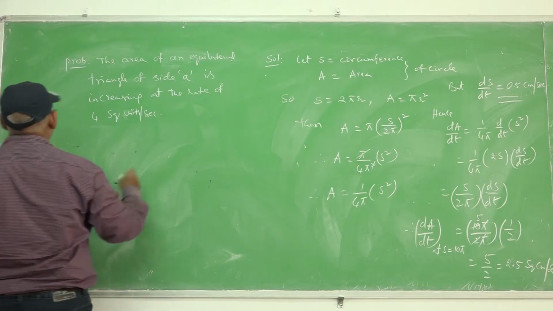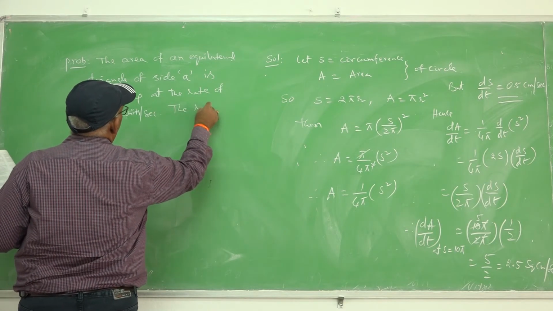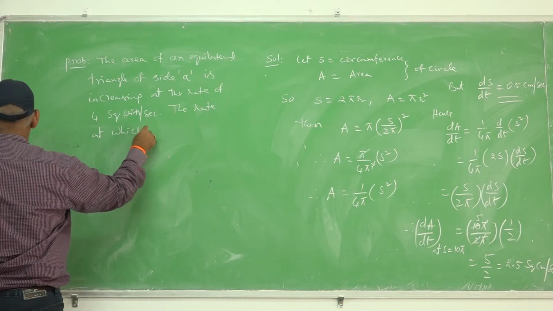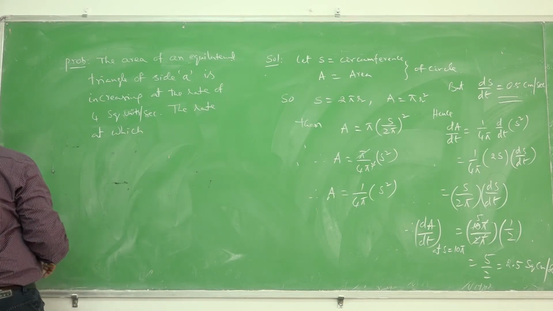The rate at which the perimeter is increasing.